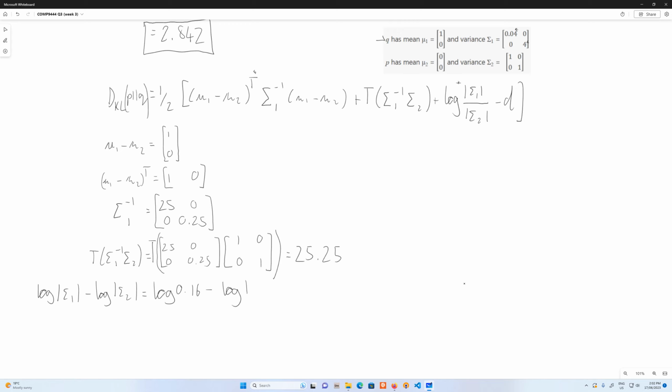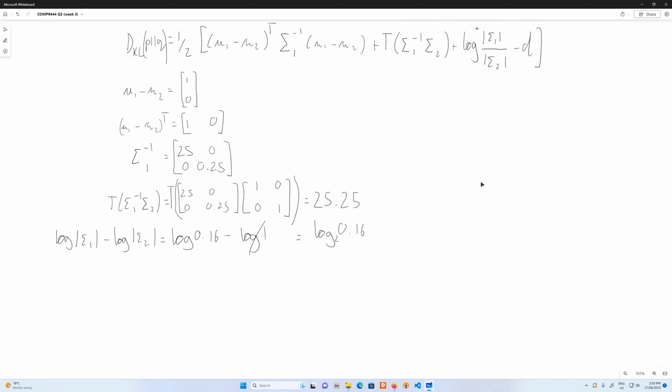Okay, cool. So this should turn out to be log 0.16, because obviously log 1 evaluates to 0. We've got d on the end of the equation here, but this is the same d from the previous part. D is simply 2, the dimensions of the Gaussians. Okay, so I think we've got all the pieces that we need to put into the equation.